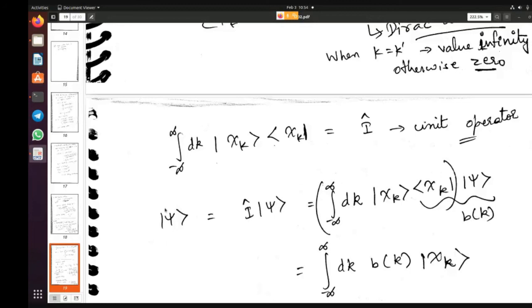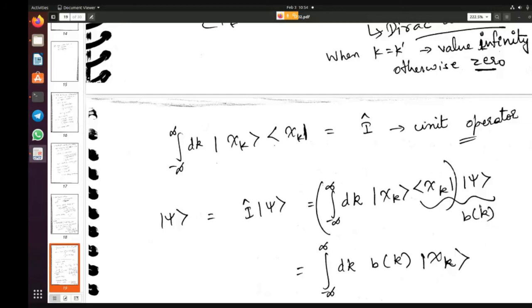So here, if you represent psi, the ket psi, it is the same as writing the identity operator times psi. If you do this, it becomes some function b of k, which is like a number.